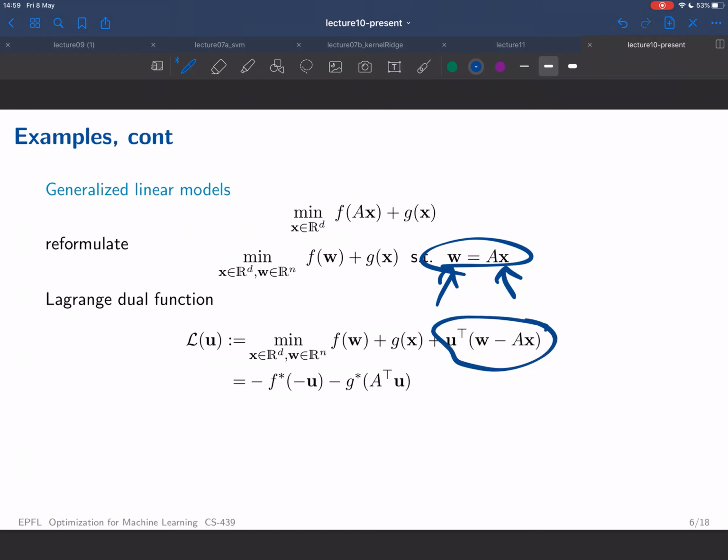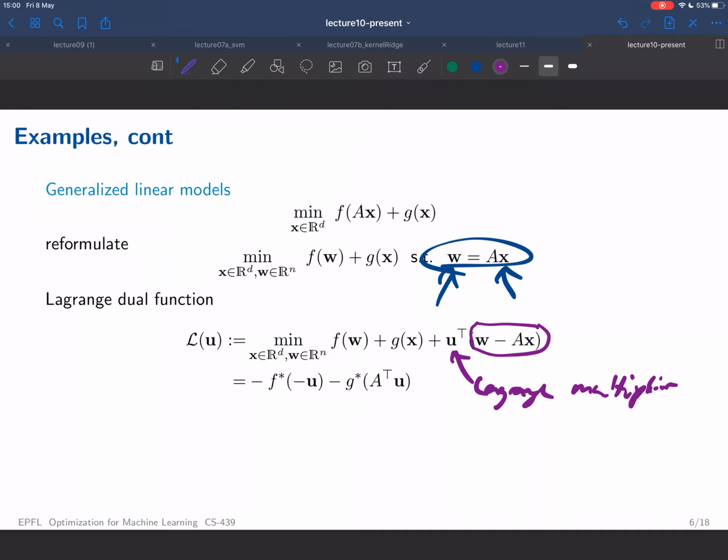That's exactly what you get here: the u is the Lagrange multiplier. And here you keep your constraint, written as a difference that you want to be 0, but it's not, so you have the Lagrange multiplier.